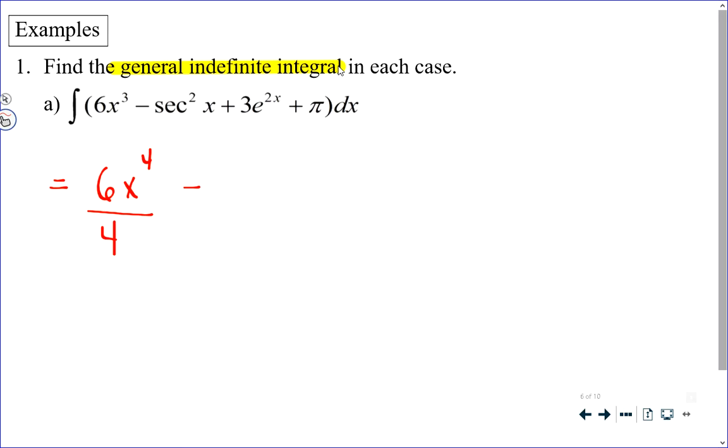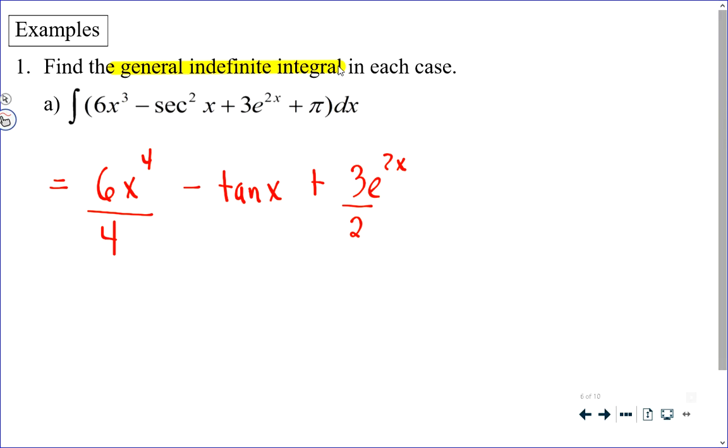So what is it we differentiate to get secant squared? It's tangent of x, plus the antiderivative of 3e to the 2x. Well, when you differentiate 3e to the 2x, you get 3e to the 2x multiplied by 2. So we have to do the opposite here and divide by 2.